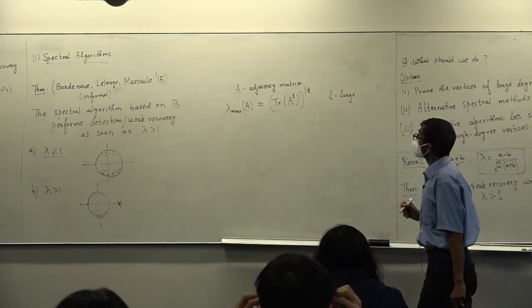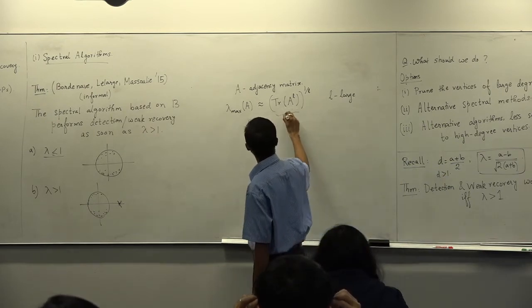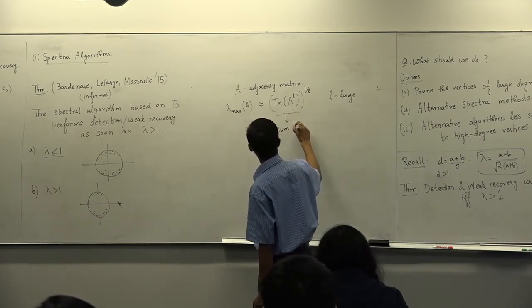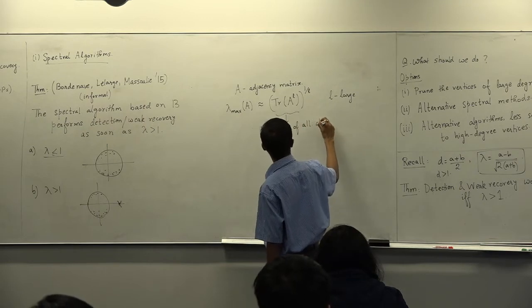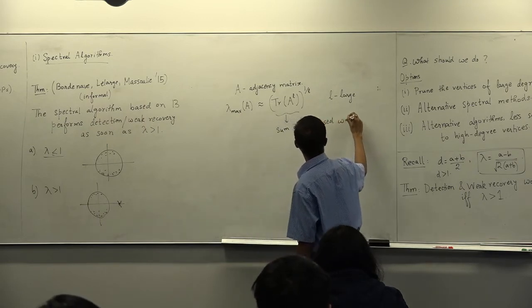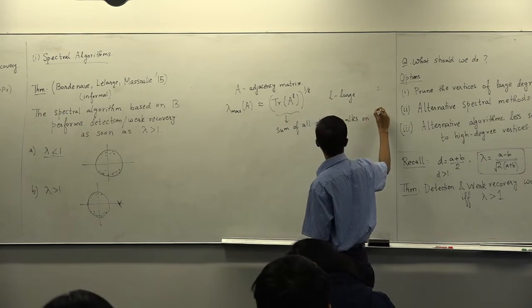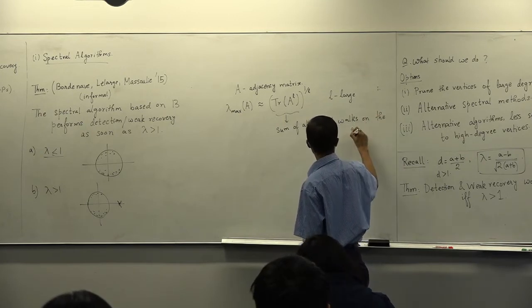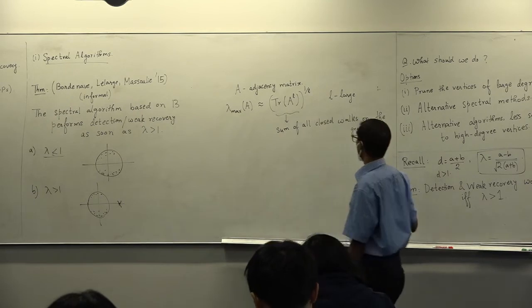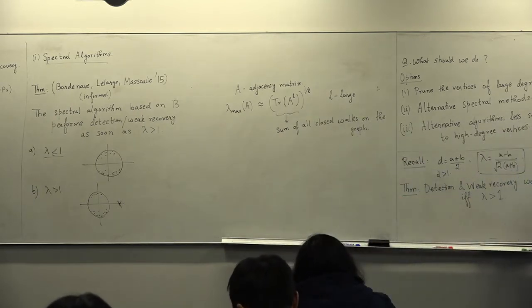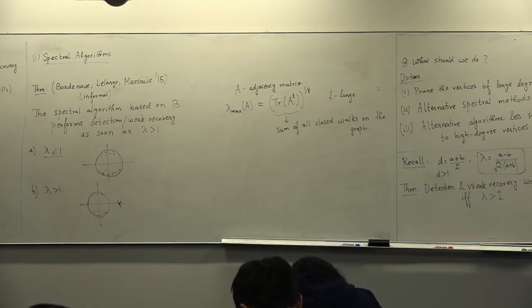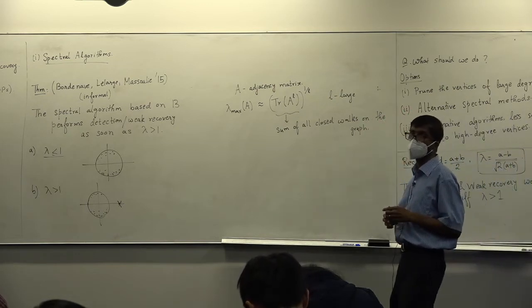And the trace is essentially the sum of all closed walks on the graph of length L. So what is happening is that if you now have vertices of very high degree, when you look at your walks, the walk gets dominated completely by things passing through these vertices of high degree. That's why you end up creating these outlying eigenvalues.